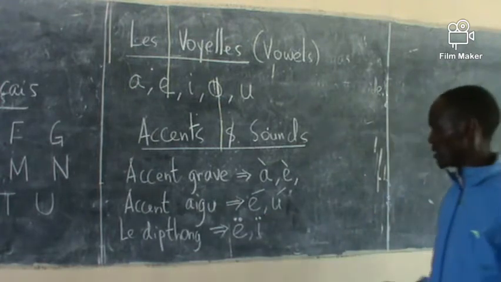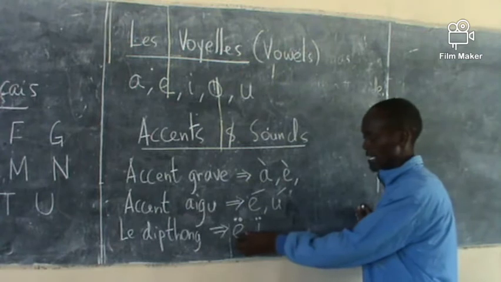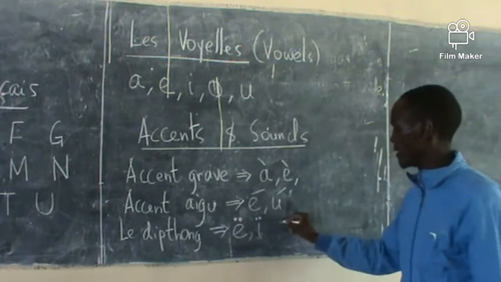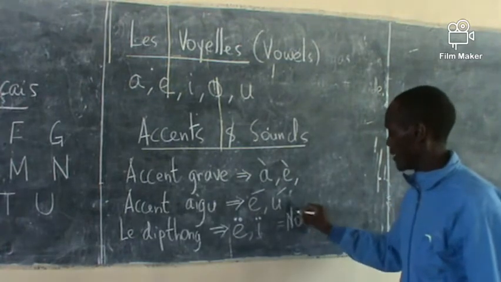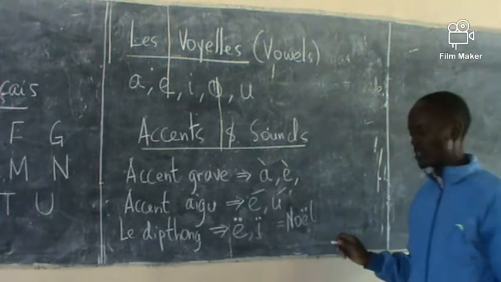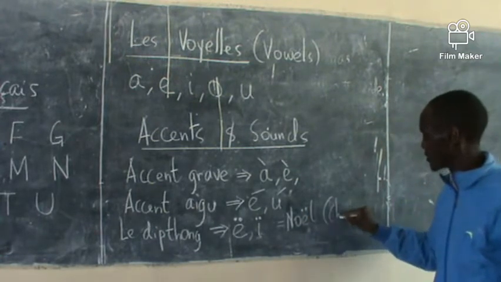So with such an accent, you will pronounce E while it is elongated. For example, when you are talking about Noël, which means Christmas.